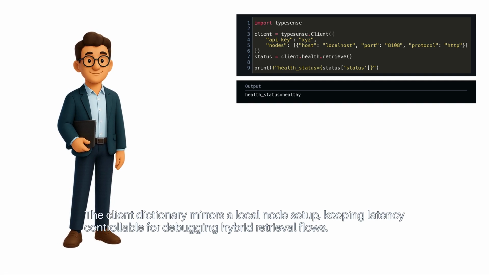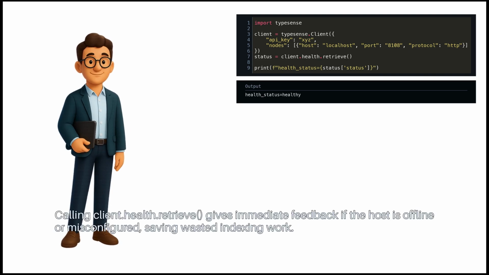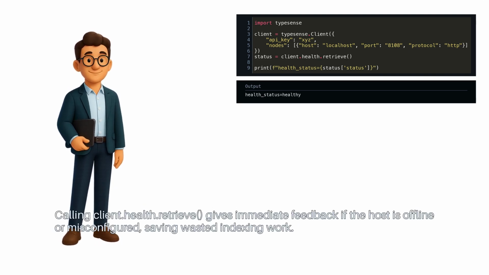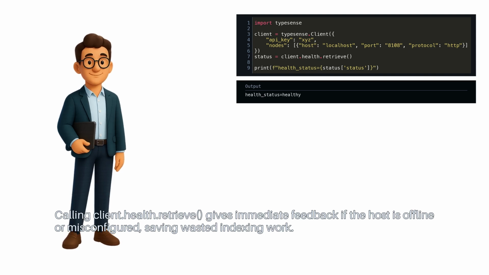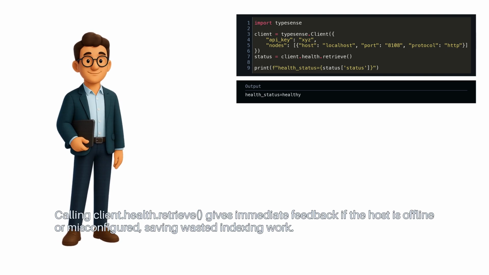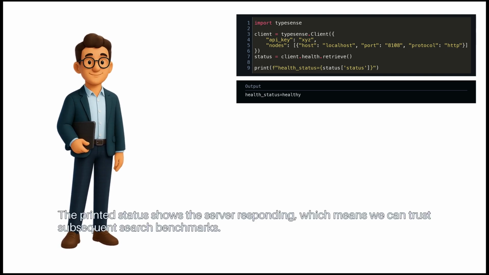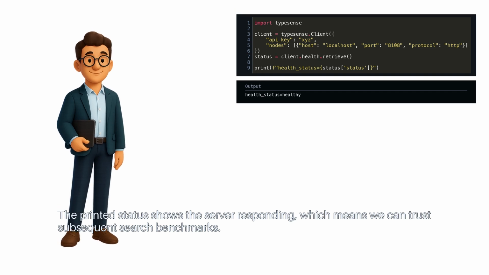The client dictionary mirrors a local node setup, keeping latency controllable for debugging hybrid retrieval flows. Calling client.health.retrieve gives immediate feedback if the host is offline or misconfigured, saving wasted indexing work. The printed status shows the server responding, which means we can trust subsequent search benchmarks.